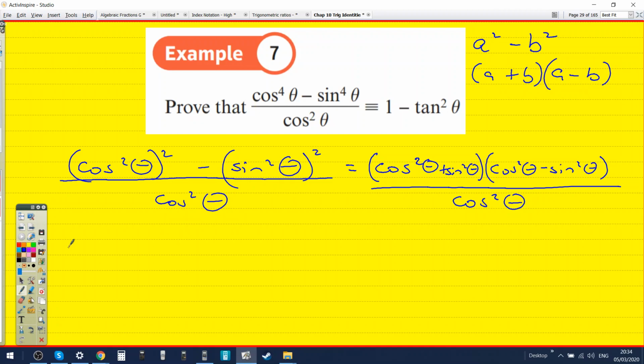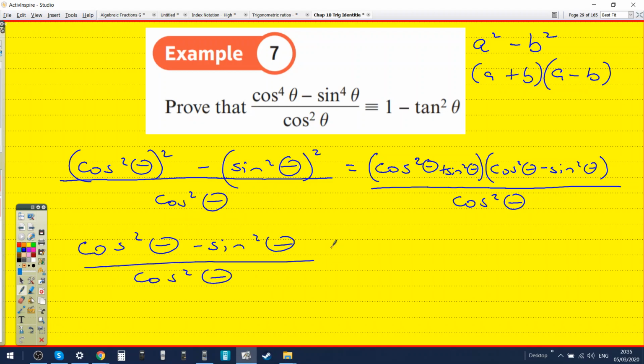Could you then divide by cos squared theta between both brackets? Notice anything about the first bracket? Oh, it becomes 1. Yeah, and so it's just 1 times the other bracket. So that just stays the same. And then here you just divide through by cos squared theta. And then you get your answer.